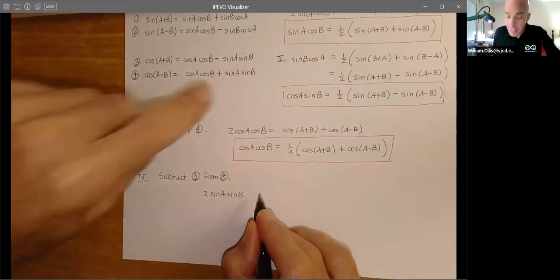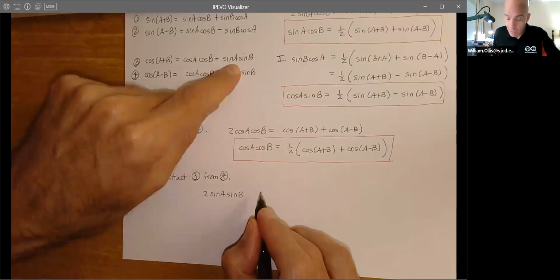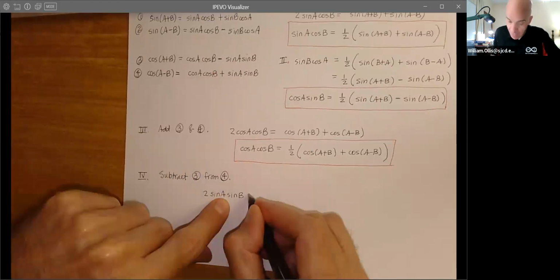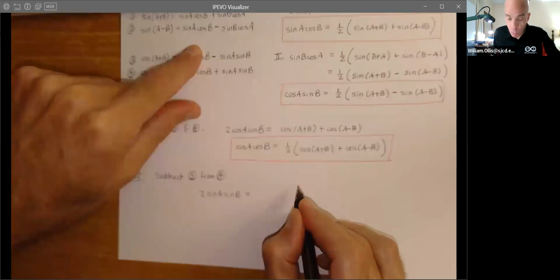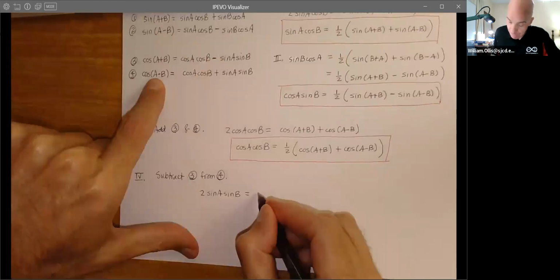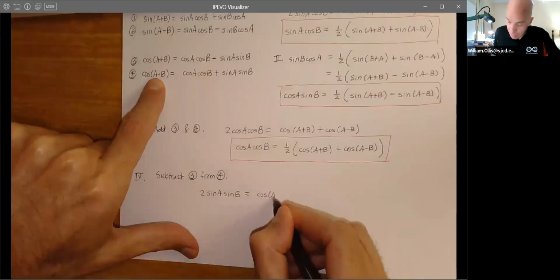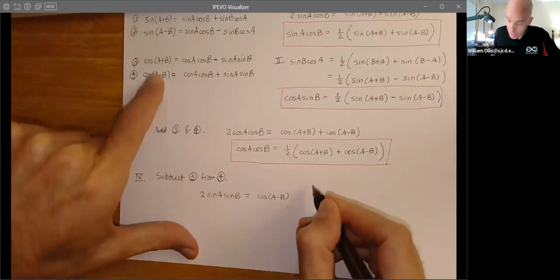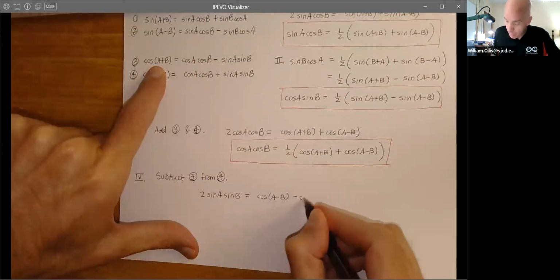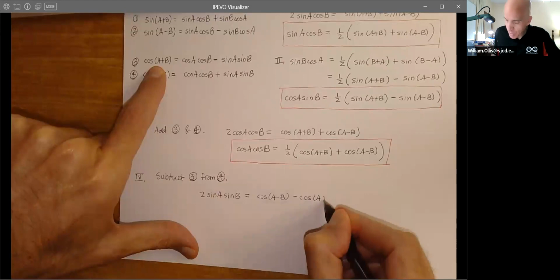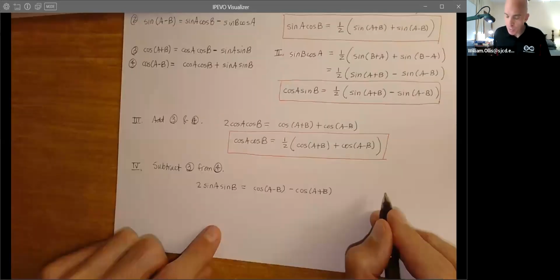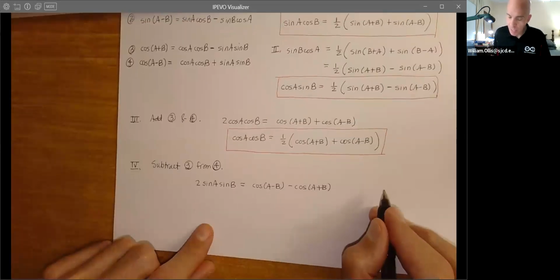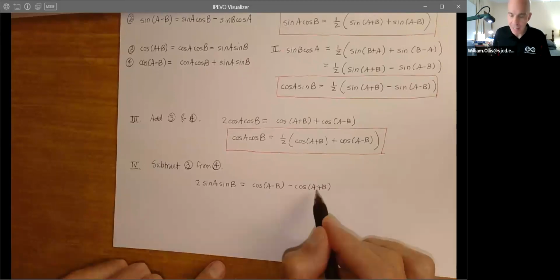So we do sine A plus B minus a negative. So we get 2 copies. And here we're subtracting, these go away. So I get cosine A minus B minus cosine A plus B. And this is easy to remember. I tell the students that you get minus, minus, plus. So a bunch of minus signs.